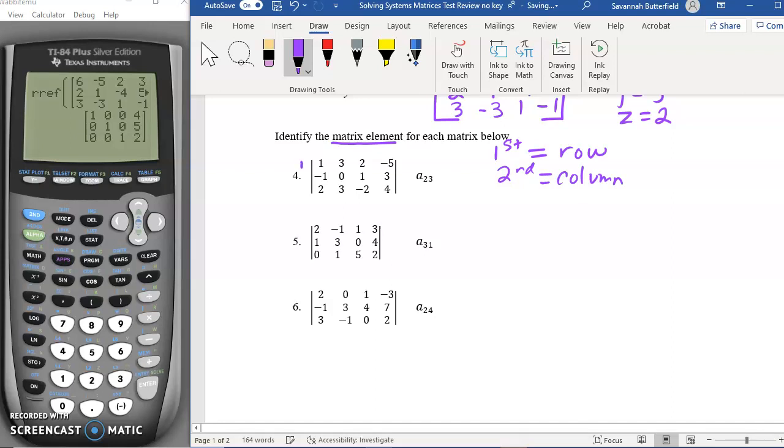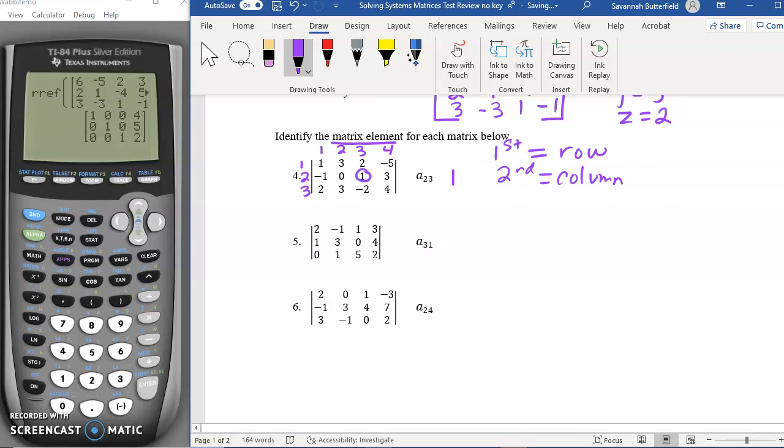So these are rows. We have row 1, row 2, row 3, columns 1, 2, 3, and 4. So if I want A23, so that 2 is for row 2, third column, I'm going to have an answer of 1, which is right here.